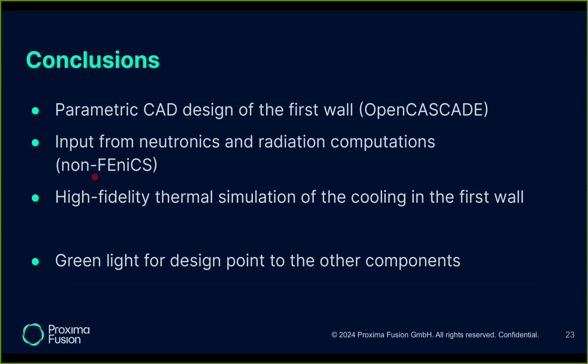And the juicy part, the thermal simulation of the cooling in the first wall. I was very happy with that. And in a macroscopic scenario instead, what this work means is that we can give green light to the rest of the team, the other components, to design their parts, knowing that they would not melt, hopefully.